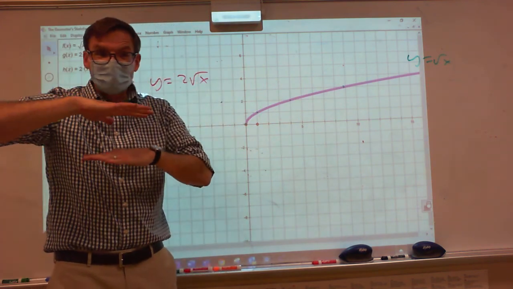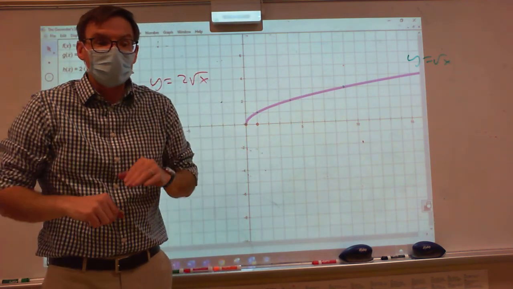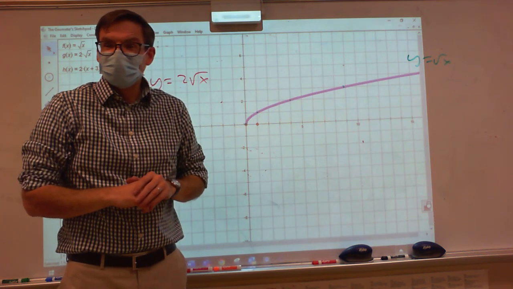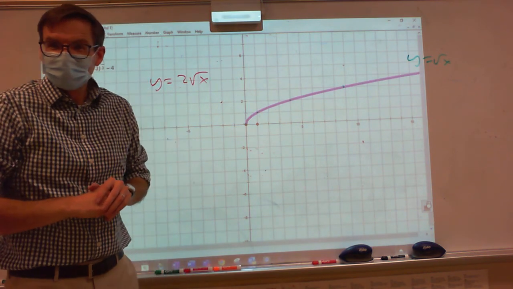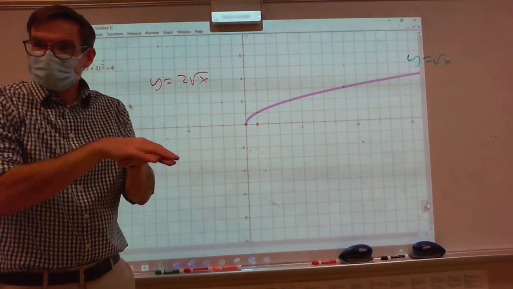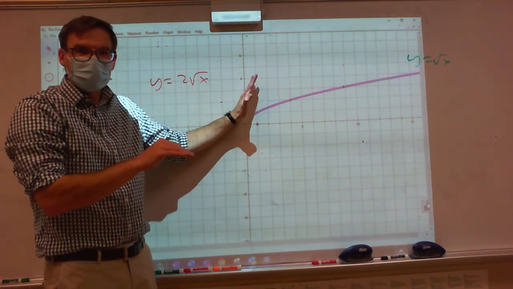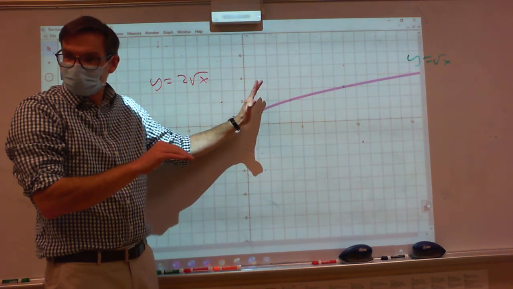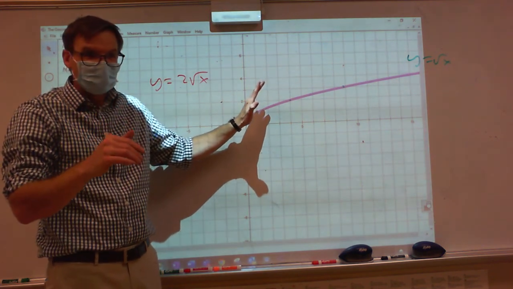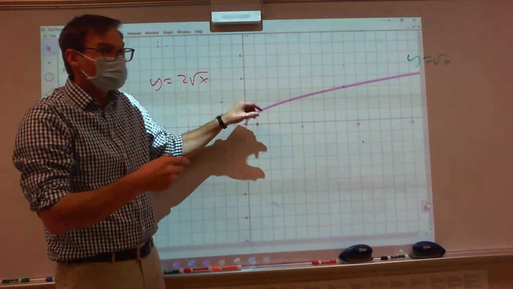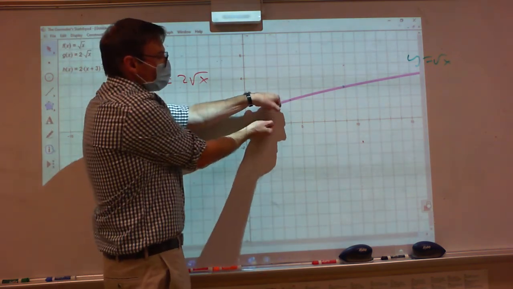So if I stretch it twice as tall, what's my graph going to do? Pulled up, isn't it? Does it make sense that if I put a 2 here, it's going to pull this up?